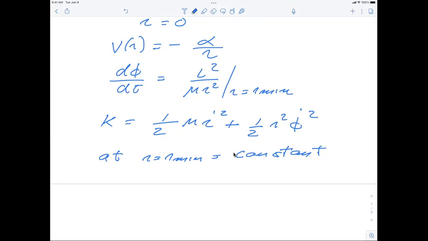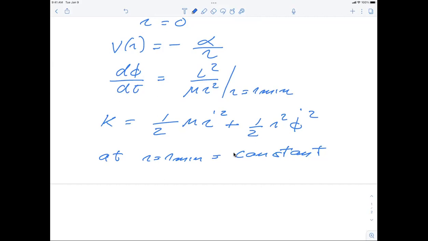The radius is a constant, right? It's a circle. The angular velocity, d phi dt, is a constant. But what about the radial velocity, dr dt? So we have a term here which goes like r dot squared. What about that one? I didn't say anything about it, but we mentioned in the lectures when we did the derivations that this took a specific value.